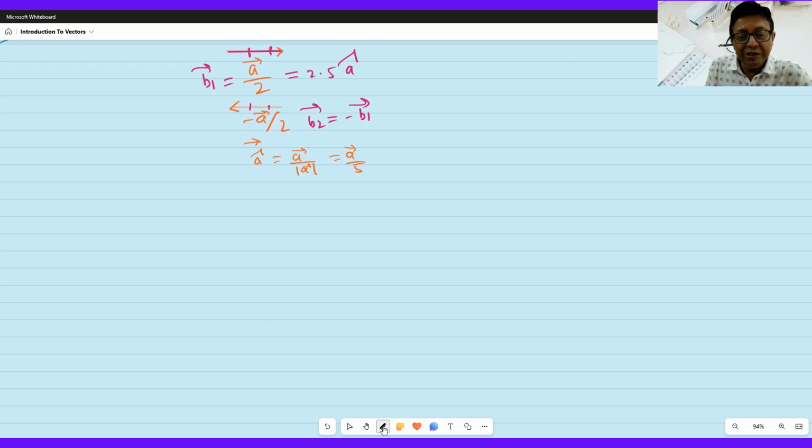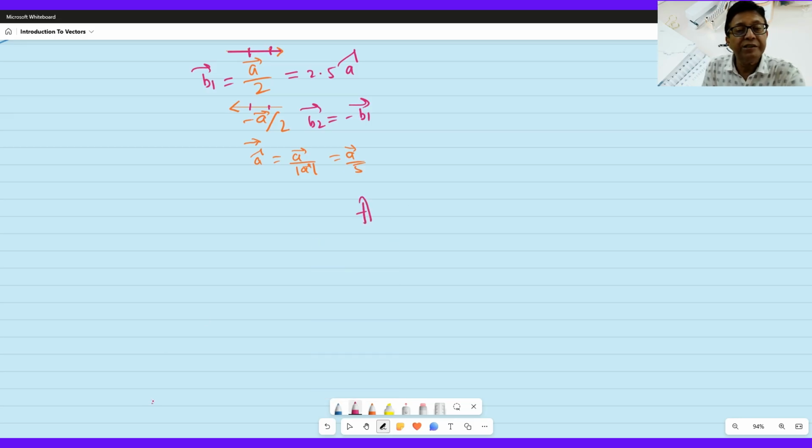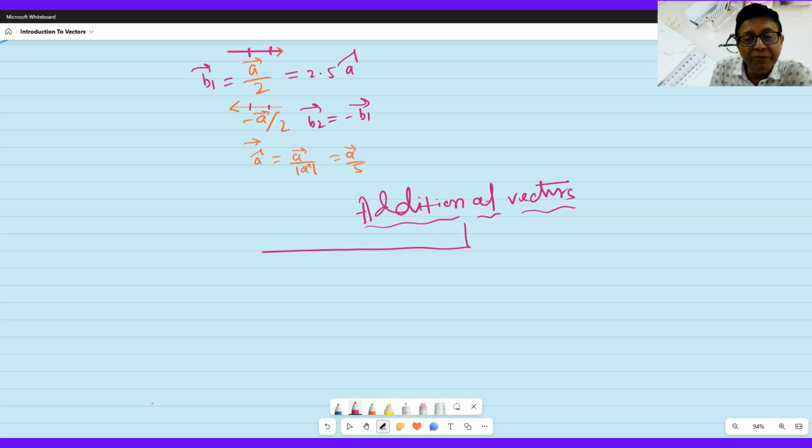So, in addition of two or more vector quantities, we have the triangle law. Addition of vectors. We'll learn these three laws of addition of two or more vectors.